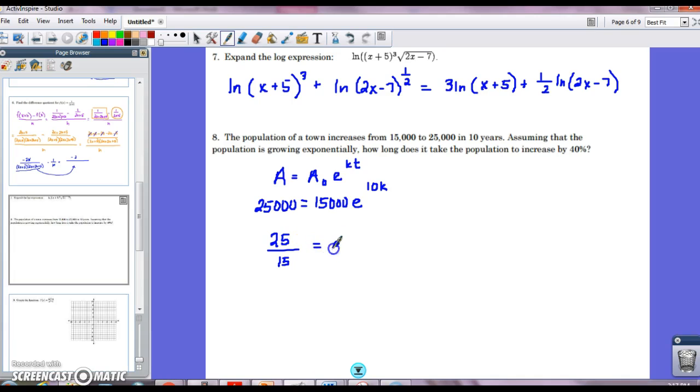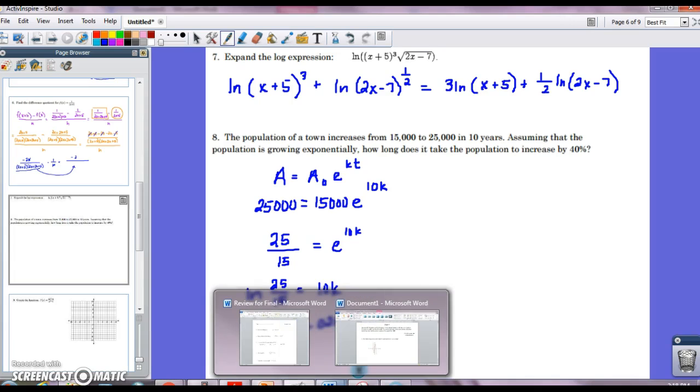And remember, we are taking the natural log of both sides, so we end up with ln of 25 over 15 is equal to 10k, and when you do that out, you end up with k is equal to 0.021459 something. I'm not going to write out the whole decimal.